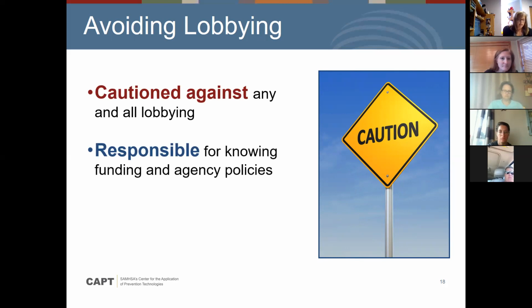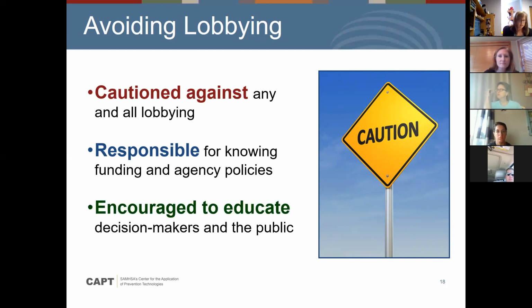However, we can and should always check with our funder and our supervisor regarding what actions are allowable using grant money on agency time. And as we have already discussed, advocacy and education about issues related to substance abuse are encouraged. We just make sure that we've done the research required to draw that accurate line between what is advocacy and what is lobbying in our work as prevention professionals.